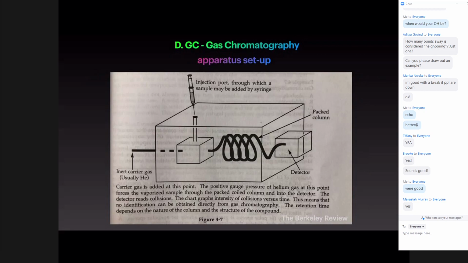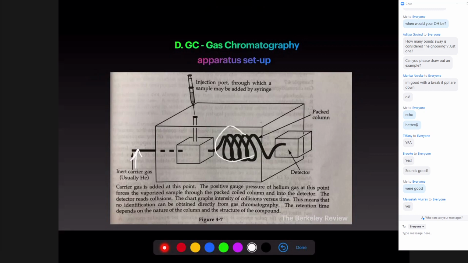The carrier gas is added at this point, which here it says is usually helium, so it's usually added there. The positive gauge pressure of helium gas at this point forces the vaporized sample through the packed column, which is here, and into the detector, which is here.